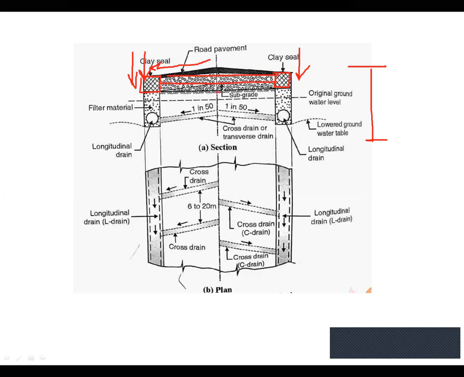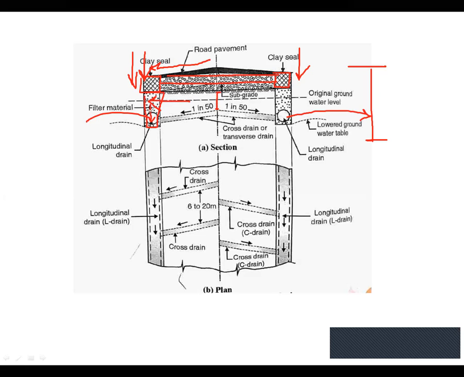Below some depth, two longitudinal drains are provided. So what does this do? The filter material is there, like sand, aggregate, crushed stone, etc., which collects the water from here and transfers it to this pipe.